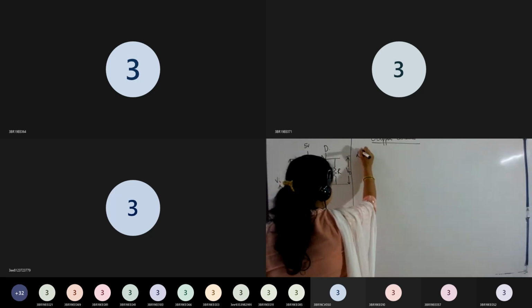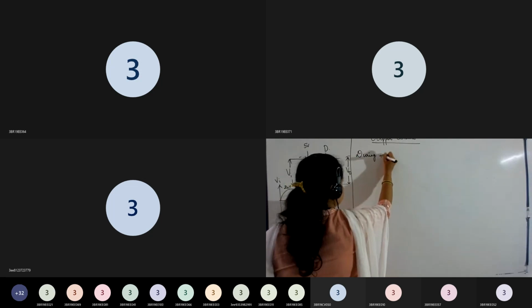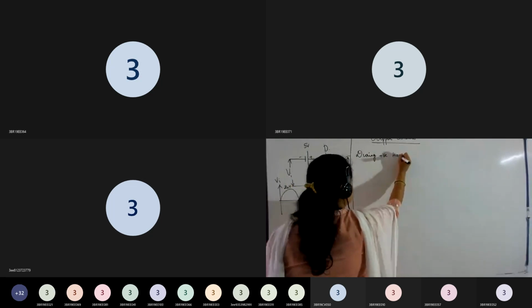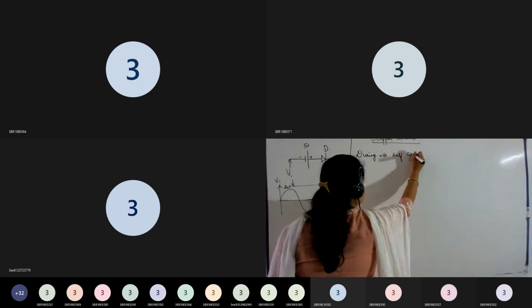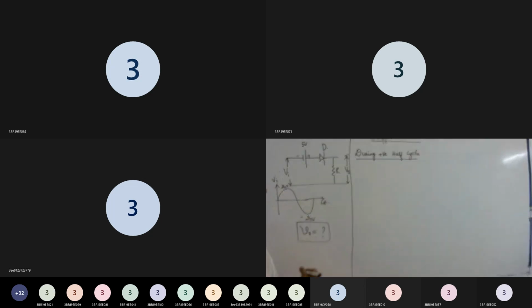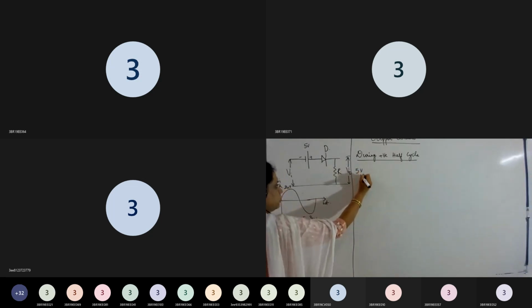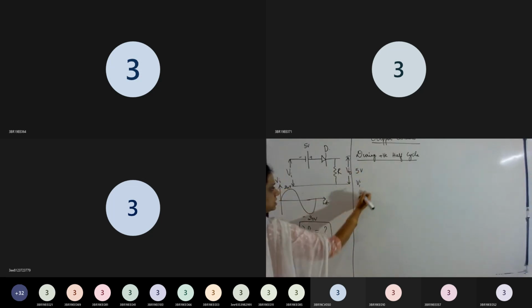So what is our first step? During positive half cycle, what happens? As we have two sources, one is the 5 volt battery, one more is VI.